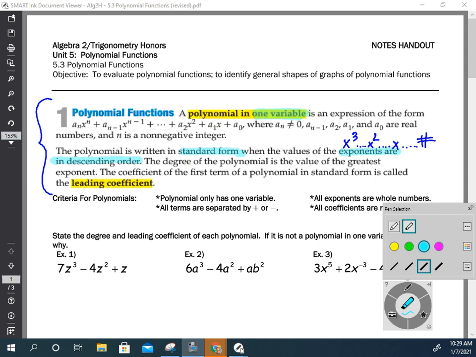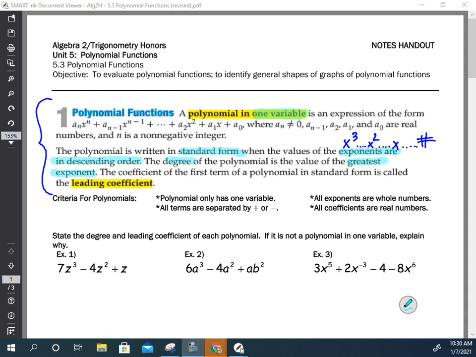Two other key things about a polynomial. The degree is the biggest exponent. And the coefficient of the first term is called the leading coefficient. So the leading coefficient is the number in front of the variable with the biggest exponent.